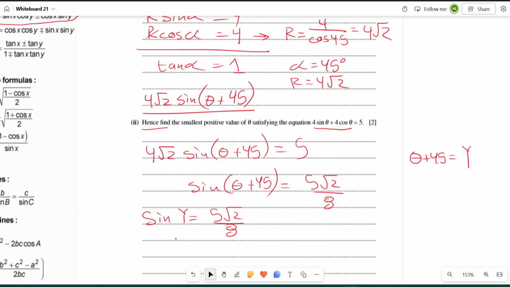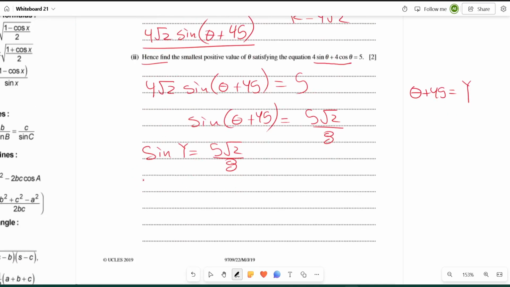The principal answer is going to be shift sine of 5 root 2 over 8. So y is going to equal 62.1 degrees. If you want to make sure, you can use the ASTC rule. ASTC, sine is positive here and here. This is the first answer. The second positive answer is going to be way bigger than it.